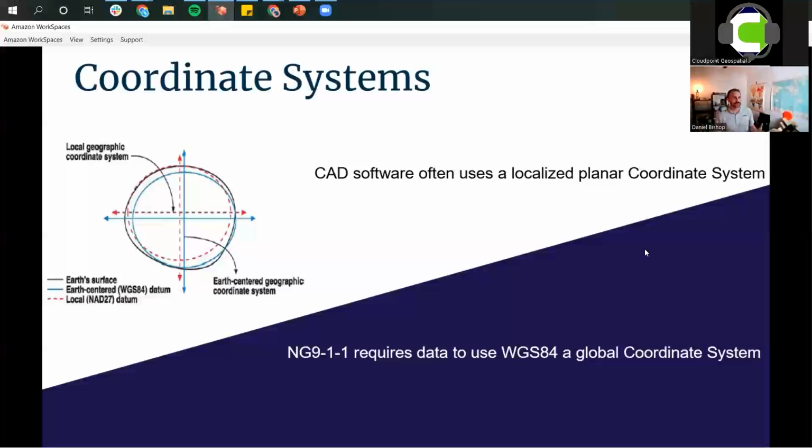Data that's in WGS-84 for NG9-1-1 in Illinois will then appropriately snap to or lay out correctly with data from Wisconsin or Missouri and vice versa, and so forth. So it's really to provide this larger cohesive system. So we're going to sacrifice some precision on the local level to make a system broader, to allow interstate communication.